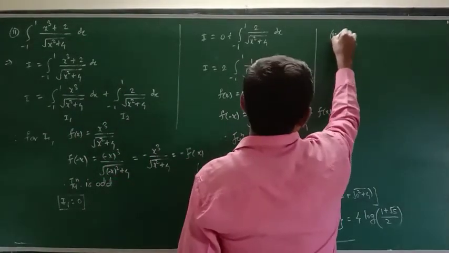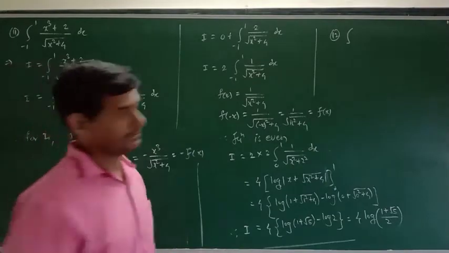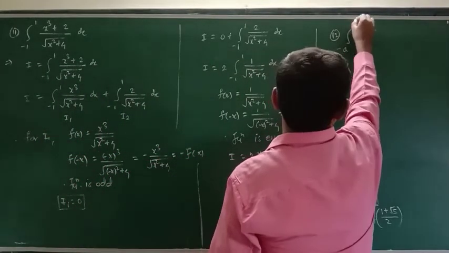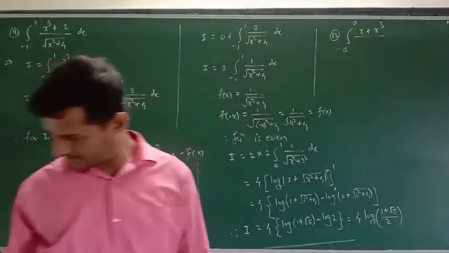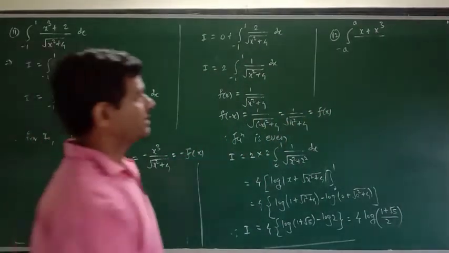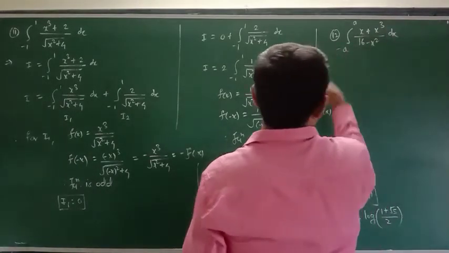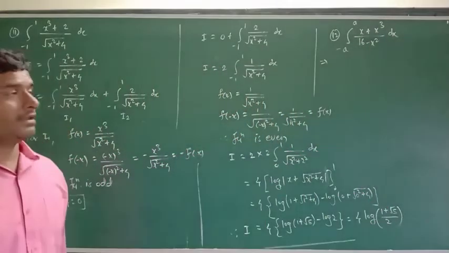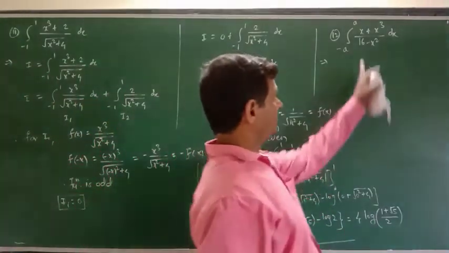Now see example number 12. What you have been given is the integral from minus a to a of (x plus x cube) upon (16 minus x square) dx. Now I am giving this example as homework for you. I will only give the hint for that.